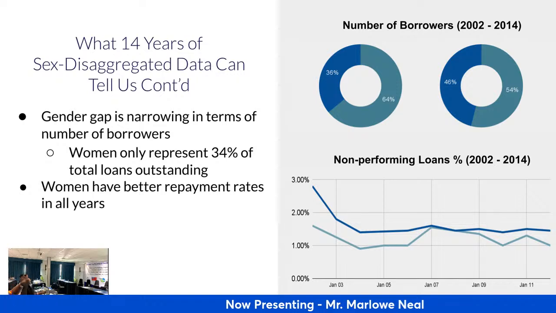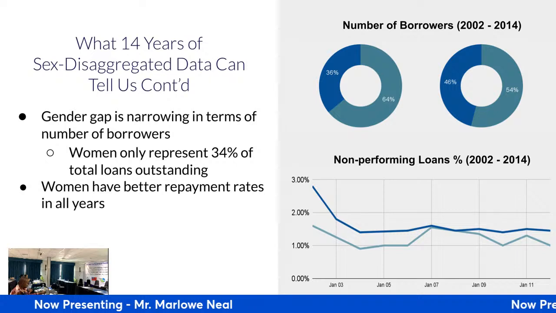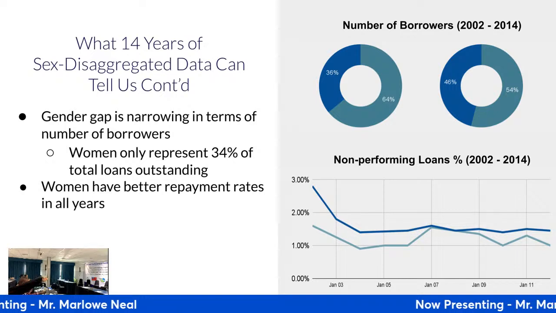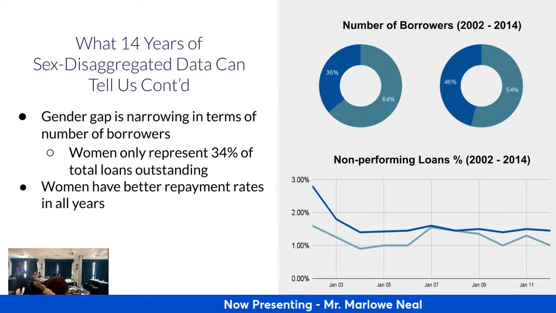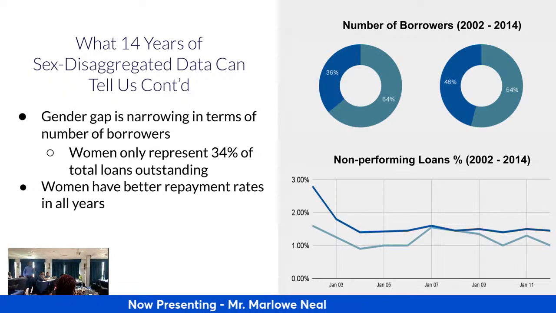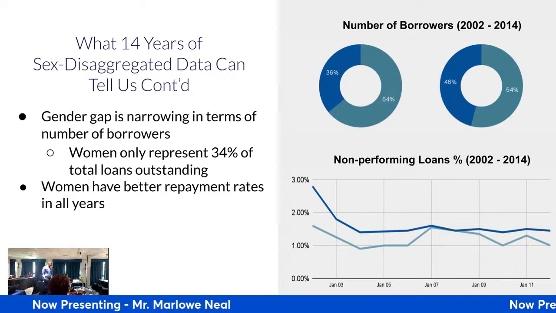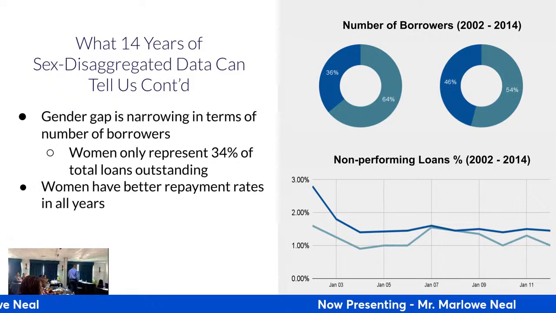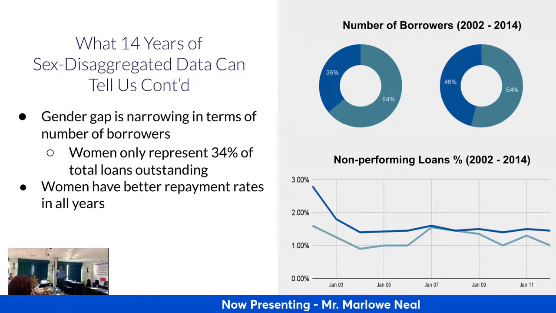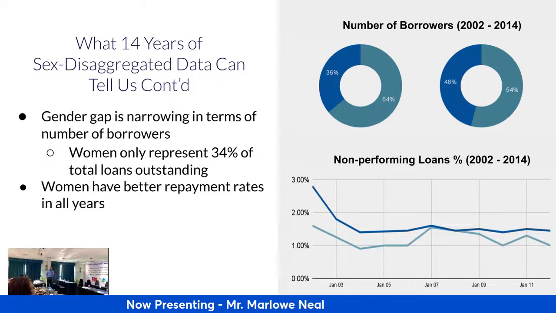The gender gap is narrowing in terms of the number of borrowers. Women represent only 34% of total loans outstanding. However, they have better repayment rates in all years for which this data set was collected. And that's significant.